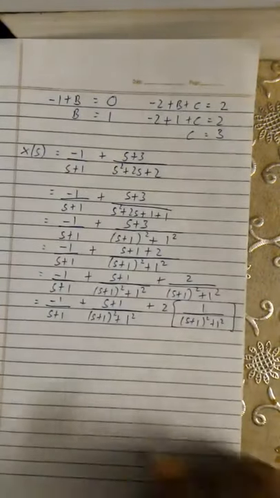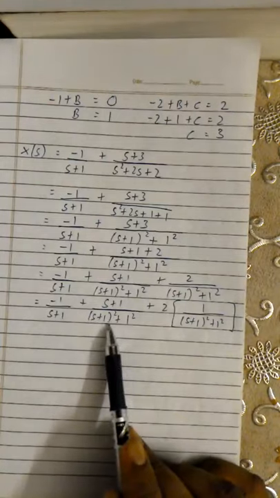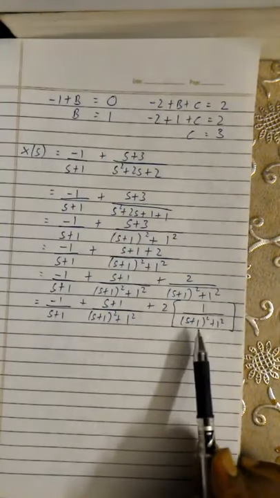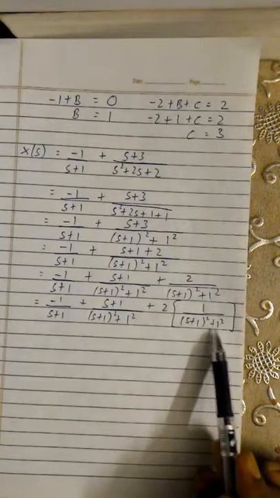So this is nothing but s plus a by s plus a the whole square plus omega 0 square. And this is nothing but omega 0 by s plus a the whole square plus omega 0 square.